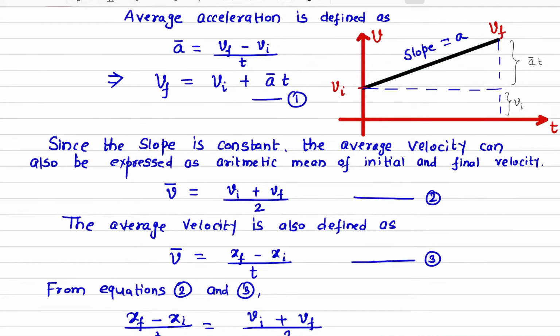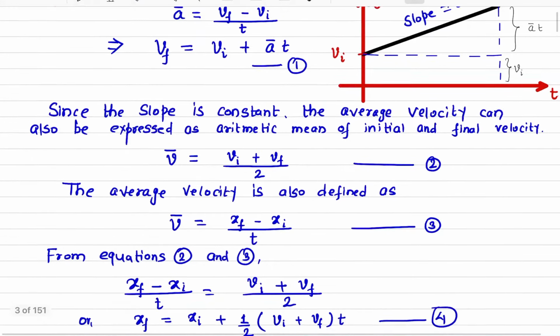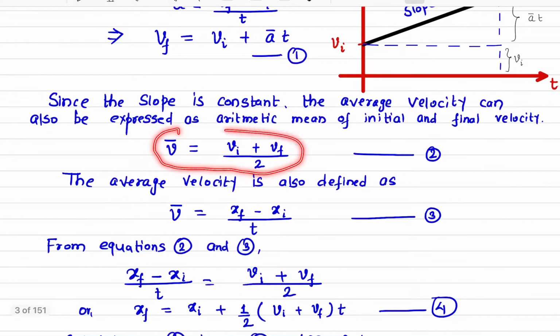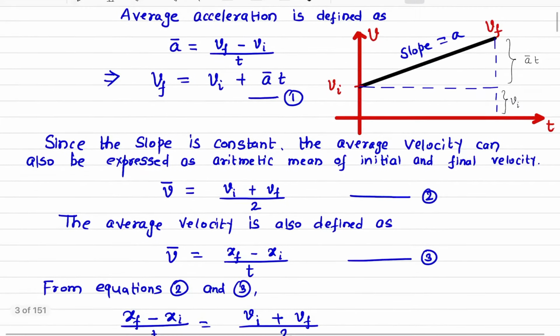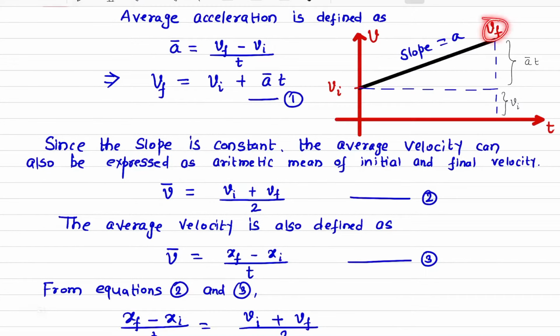For any graph, if the slope is constant, then the average velocity can be expressed as the arithmetic mean of the initial velocity plus the final velocity. So if I know the velocity at this point and I know the velocity at this point, then my average velocity will be given by this equation here: the initial velocity plus final velocity divided by 2.